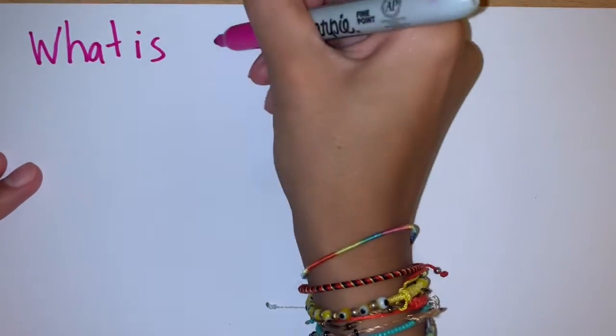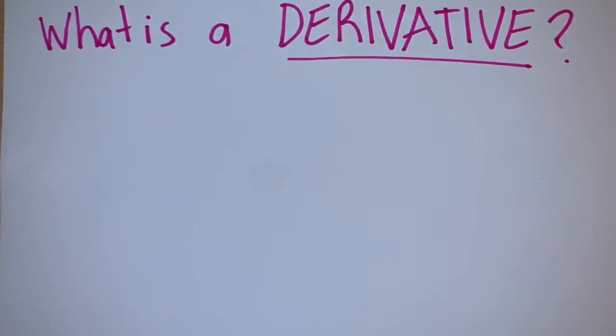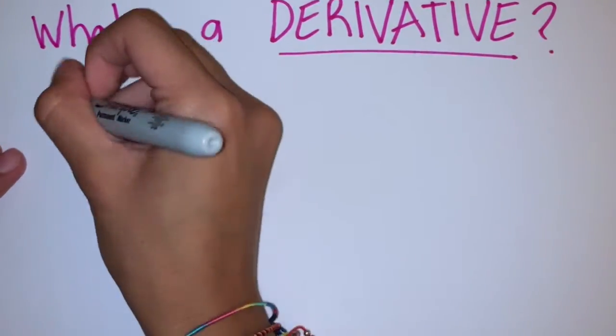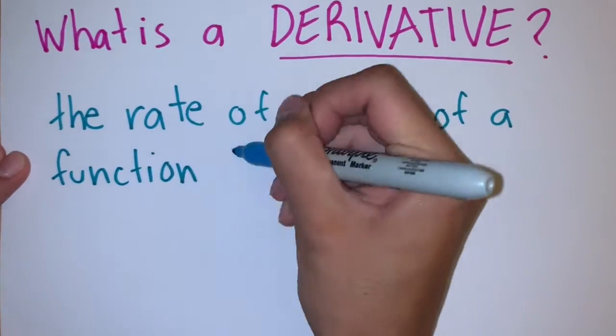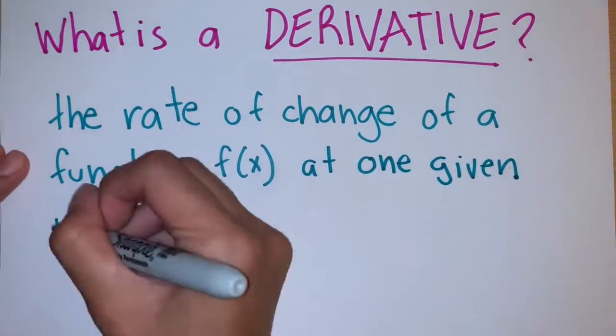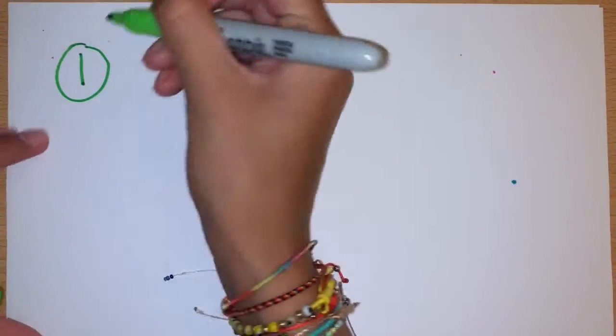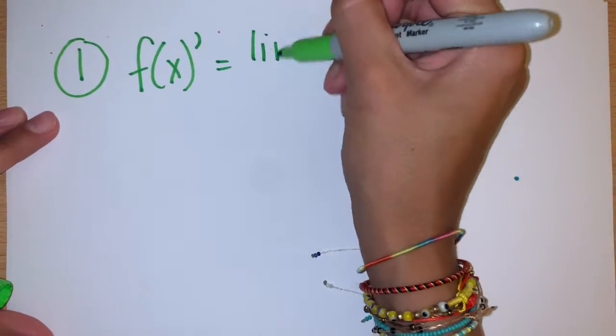In problem 54, we will use derivatives. But first, what is a derivative? A derivative is the rate of change of a function, f of x, at a given point. Now, there are two ways of finding the derivative of a function. The first one is by definition, using a formula.